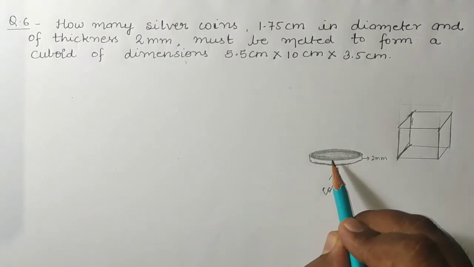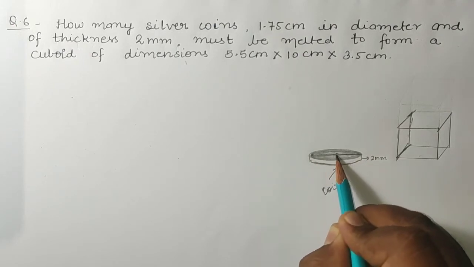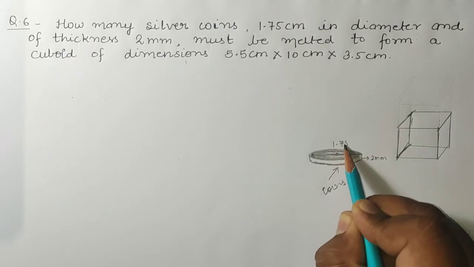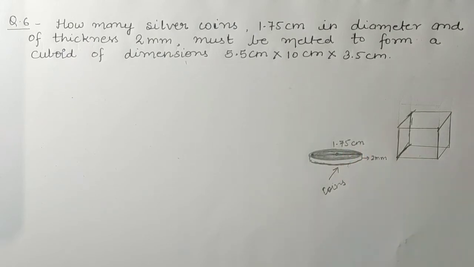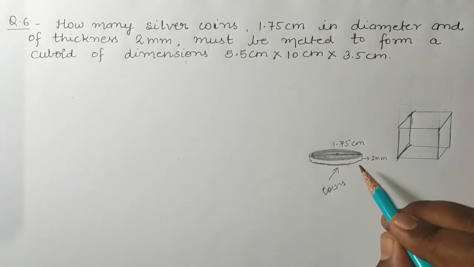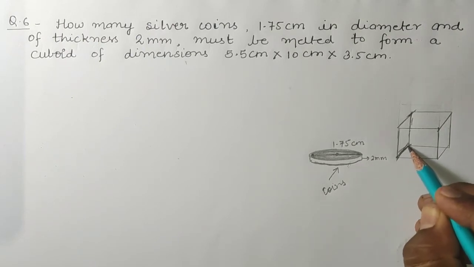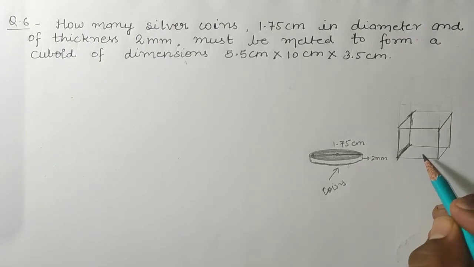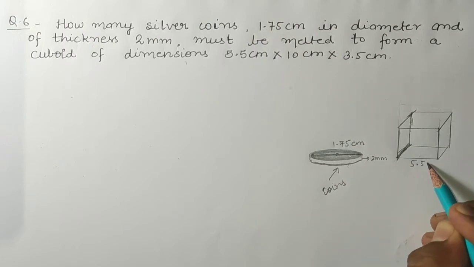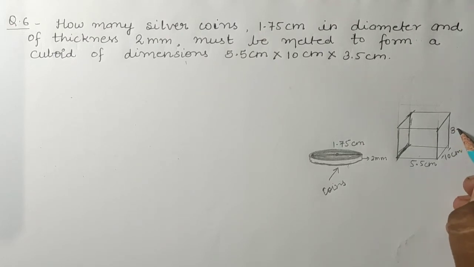And its diameter is 1.75 centimeter. The number of few coins are melted to form a cuboid, and the dimensions of the cuboid is 5.5 centimeter is its length, 10 centimeter is its breadth, and 3.5 centimeter is its height.